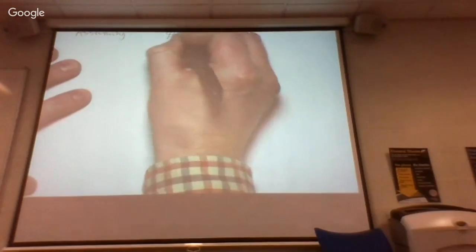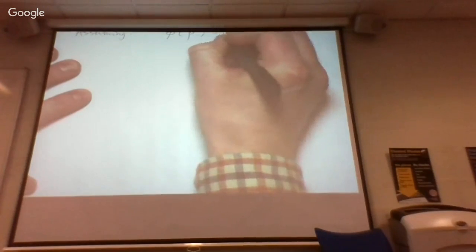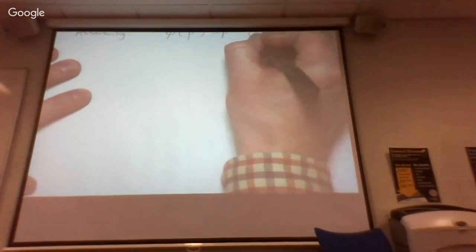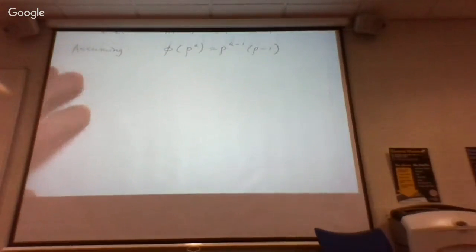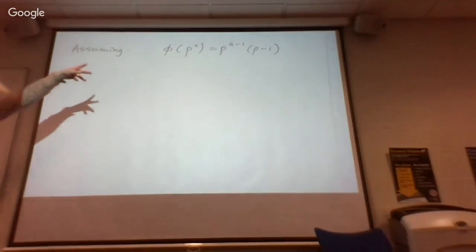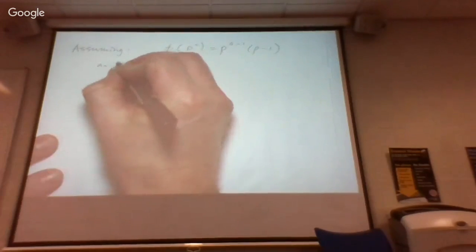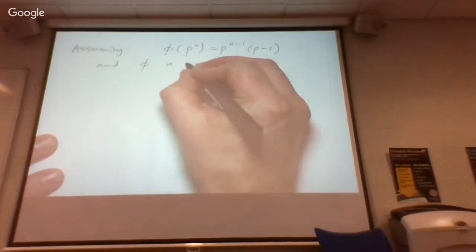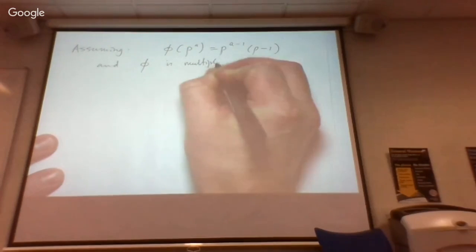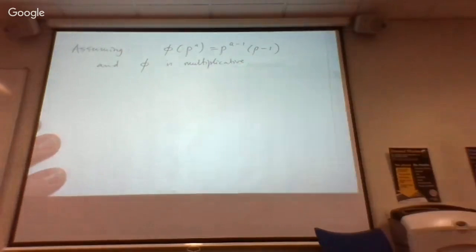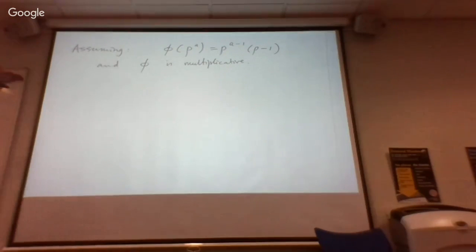So we have to prove these things, but assuming for the moment that phi of a power of a prime is equal to what it's supposed to be, so phi of a power of a prime is equal to this, and if phi is multiplicative, these two will combine together to give us the general result.